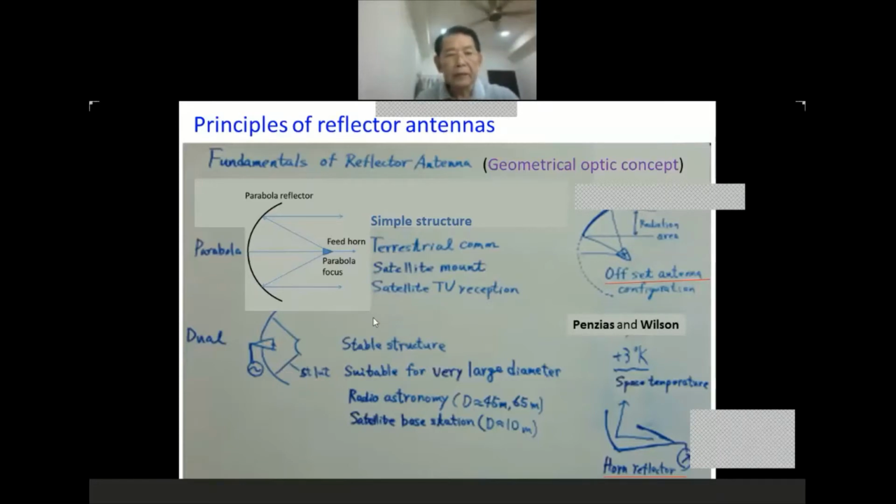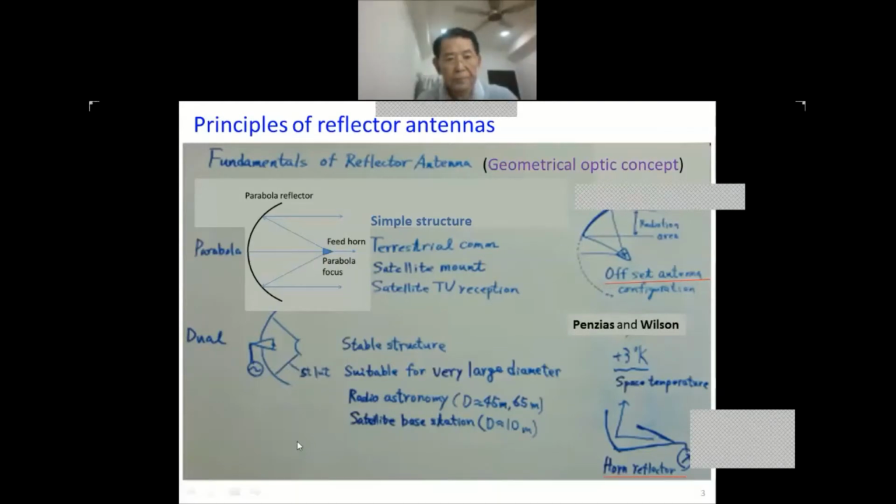And this is a single reflector. Another is a dual reflector, with a main reflector and a sub-reflector. This structure is rather stable.